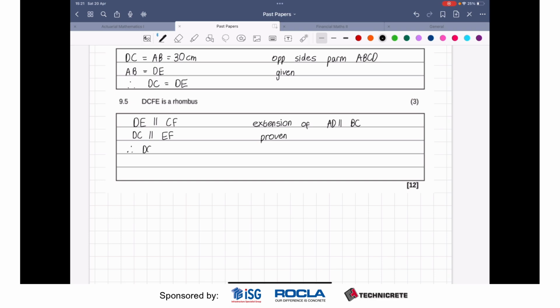Therefore, DCEF is a parallelogram, opposite sides parallel. Okay, and then we just proved that DC is equal to DE. Therefore, DCEF is a rhombus. And the reason is adjacent sides equal.